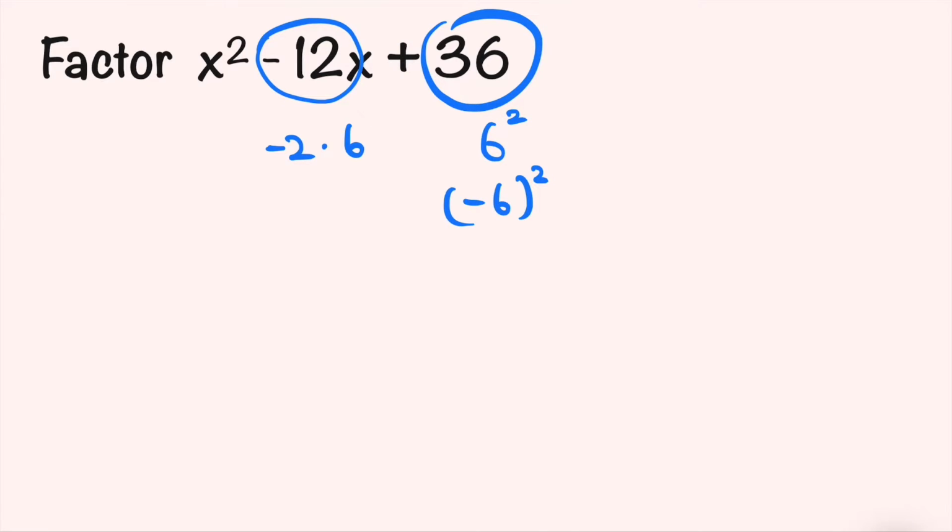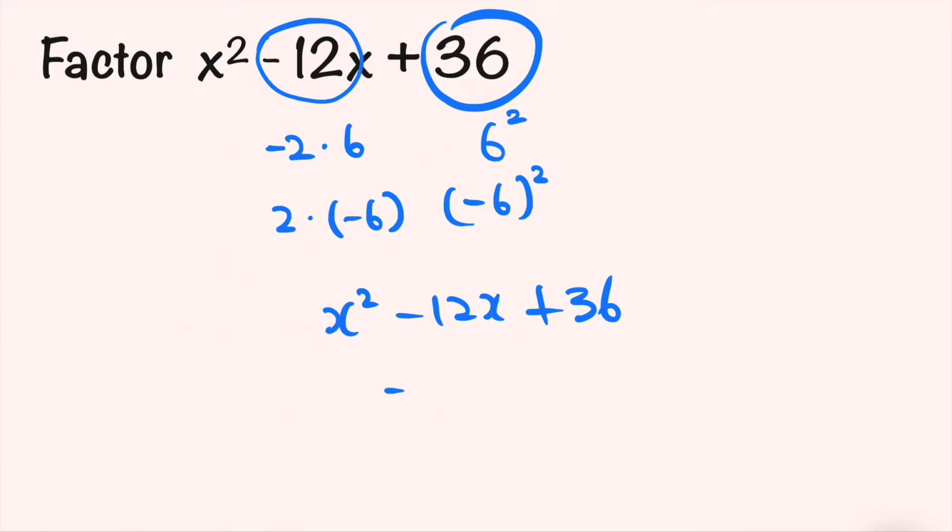And negative 12 is 2 times negative 6. That means when you factor x squared minus 12x plus 36, it is x minus 6 squared. And that's how you do it, by finding one number whose square is that, but when you multiply it by 2, it becomes that.